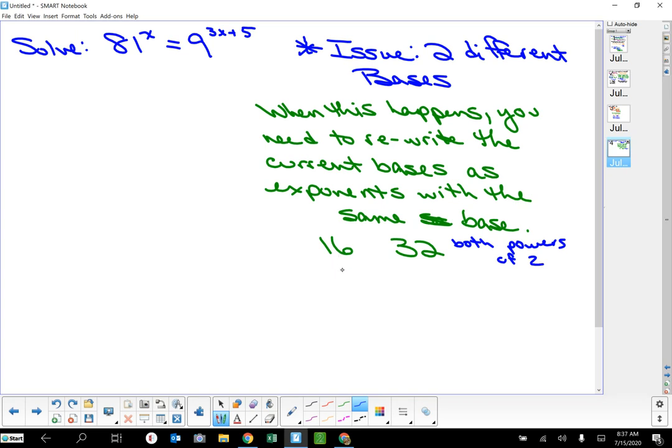Right? 16 is 2 to the 4th power. I think 32 is 2 to the 5th. That's got to be. So if I can write these numbers as exponents with the same base, now when I take the log, it's going to cancel both those bases out, right?